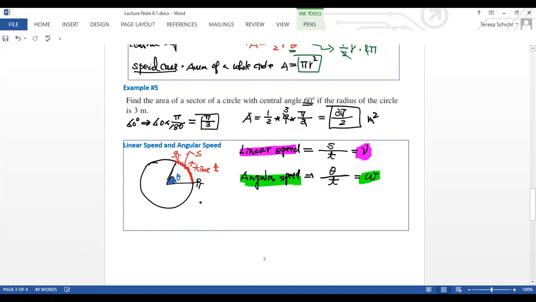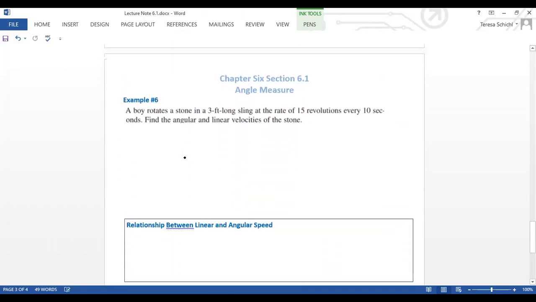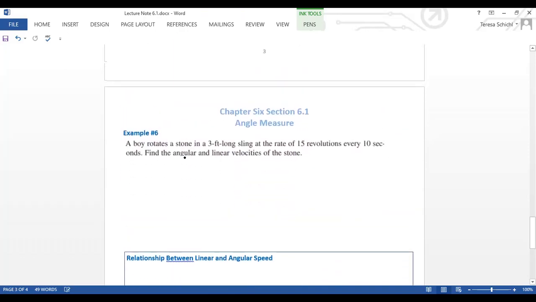Okay, now let's take a look at an example. A boy rotates a stone on a 3 feet long string at the rate of 15 revolutions every 10 seconds. Find the angular and the linear speed, right?